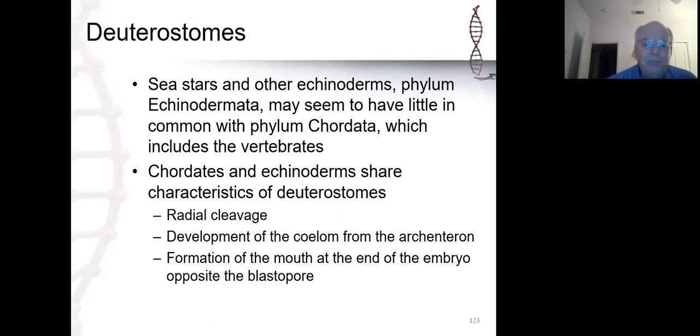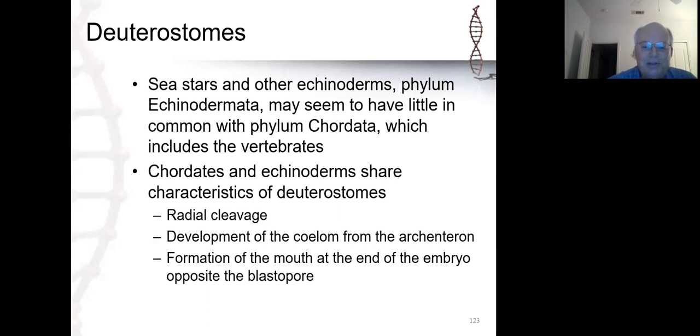So as deuterostomes, not surprisingly, we find that the developmental characteristics are the same in terms of early embryological development. Radial cleavage, a true body cavity, developed as an enterocoelous body cavity, developed from the archenteron, a pocketing from the archenteron, and of course, the bespoke feature, the fact that the mouth forms from the second opening, not from the blastopore.